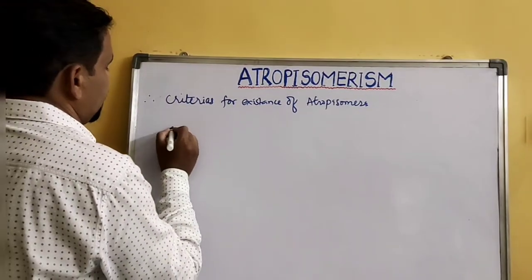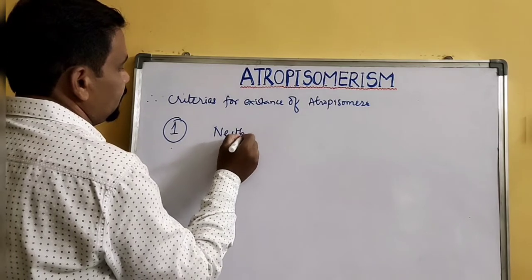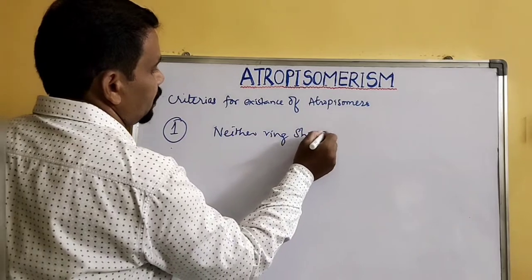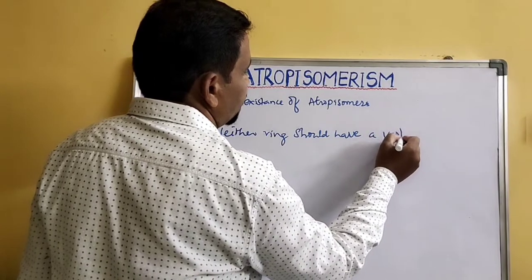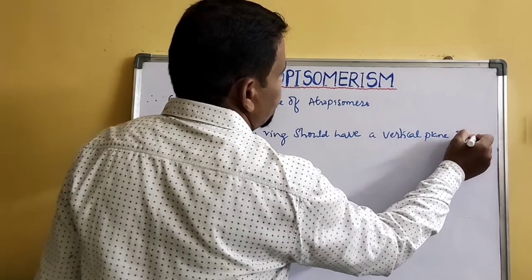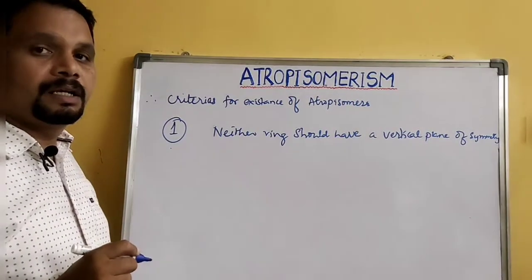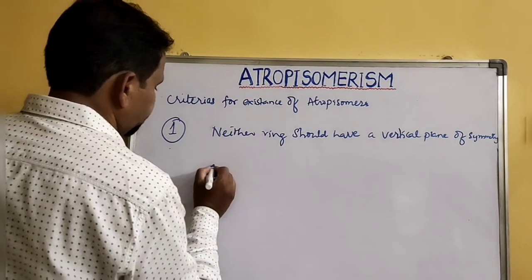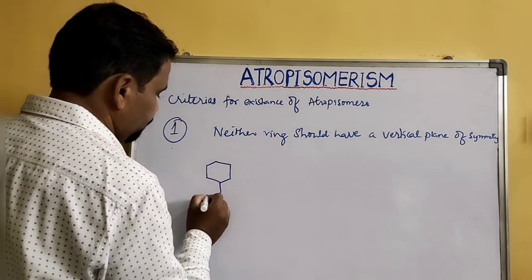The first criterion is that neither ring should have a vertical plane of symmetry. Here I'll explain this condition. Listen carefully.